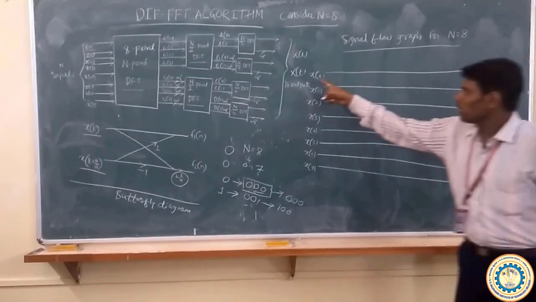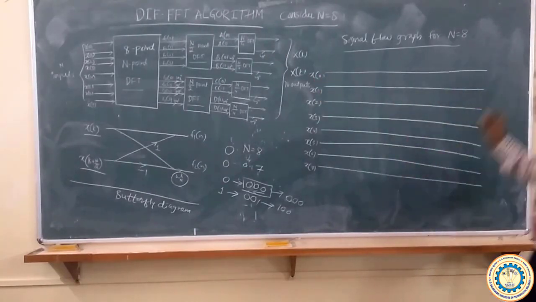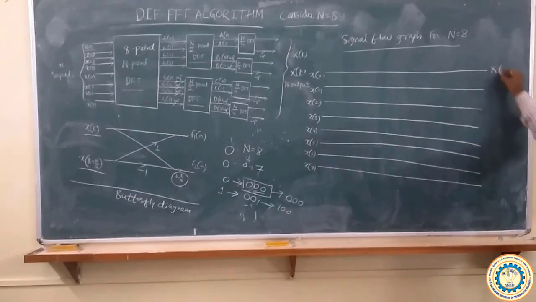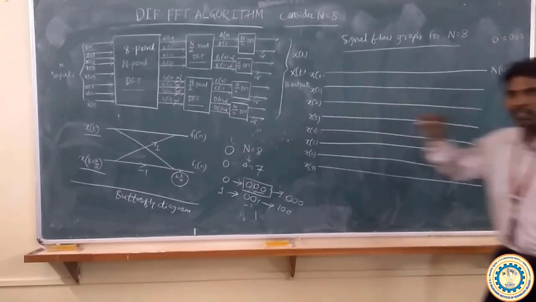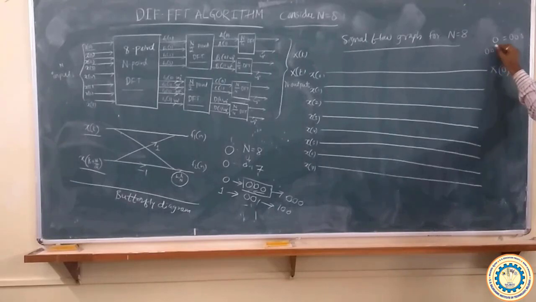Here the input is x of 0, so here the output will be x of 0, because the bit reversal of 0 0 0 is 0 0 0 itself. Here the input is x of 1, that is 0 0 1, which in reverse can be represented as 1 0 0. That is x of 4, because 1 0 0 is nothing but 4.